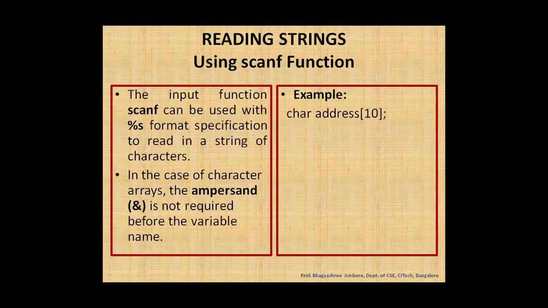I have done a declaration example. Consider here the example: a character array address of 10. What is the meaning here? I'm declaring address, and it can hold up to 10 characters. Now how to read the address? With %s. I have not used an ampersand here. I have just given the address. That means start filling the characters from the beginning of this array's address.